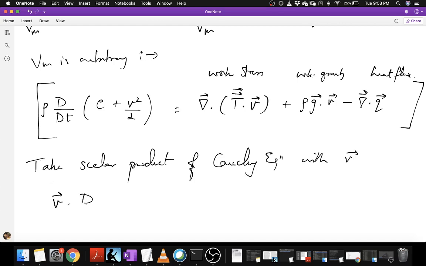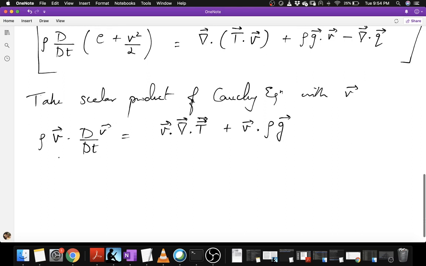It gives us V dot the substantial derivative of V with the density coming on the outside, is equal to V dotted with the divergence of the stress tensor plus V dotted with rho g. And you see that this term, if I take the V in, becomes d dt of V dot V, which is V square with a half times rho.